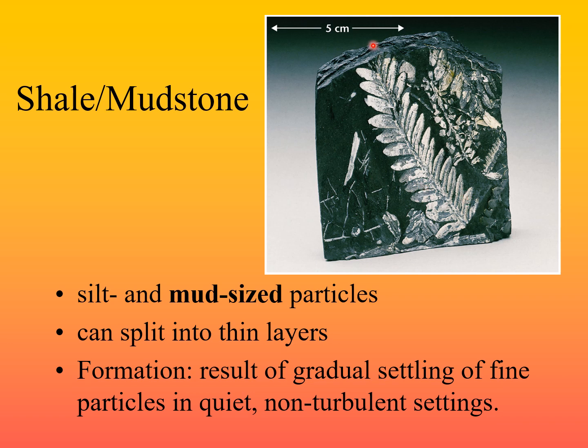And we know because of the color in this case, because it's black and it's got these plant fossils in it, that this was probably the result of the settling of really fine particles in really non-turbulent settings. And what do I mean by non-turbulent? I mean the bottom of a swamp, the bottom of a really calm pond.